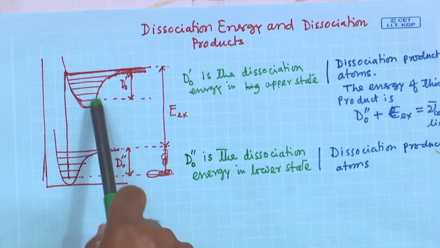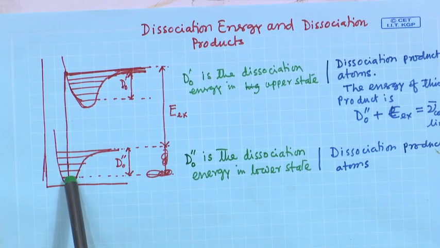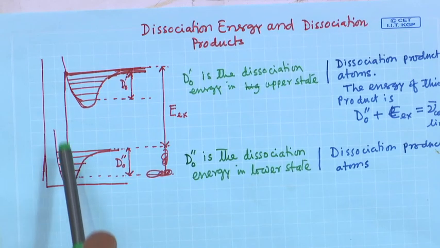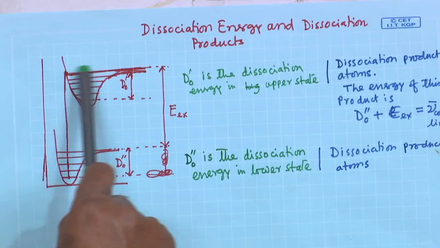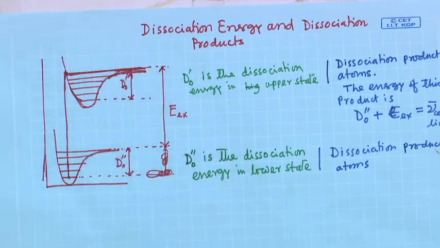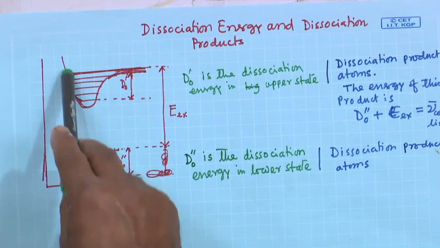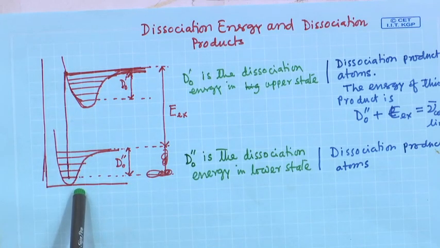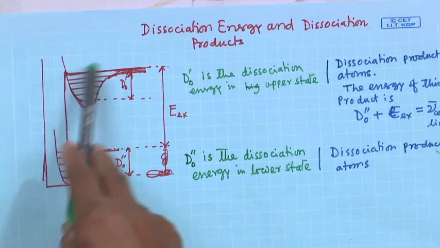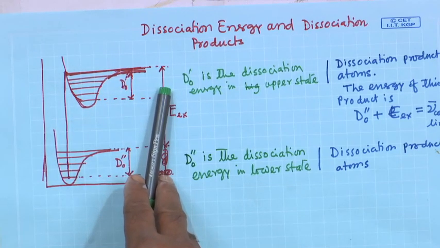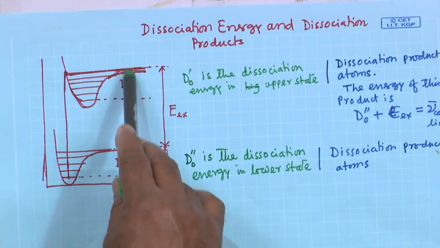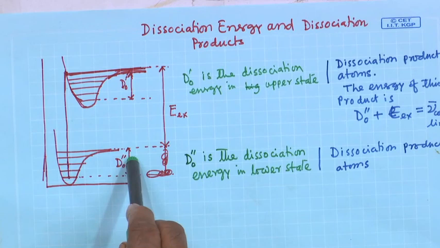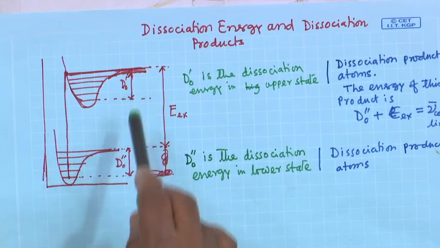Now, in this condition, if it dissociates, it will go to the excited electronic state and then the highest vibrational state where it breaks. So, one needs basically this much energy to dissociate the molecule. So, here D0 dash and D0 double dash are the dissociation energies.